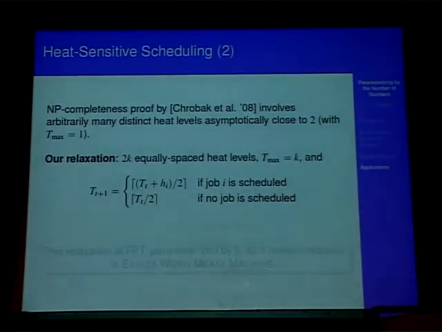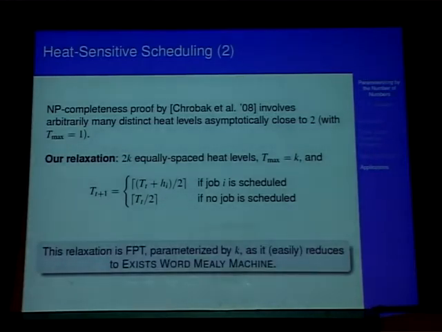Because in practice, when you look at the heat level, you don't look at the 7th decimal after the comma to determine whether to schedule another job or not. So there's some approximation in the modeling here. By a simple formulation of this problem into our exists-word Mealy machine problem, which was FPT, we can show that, parameterized by K, this problem is also FPT.